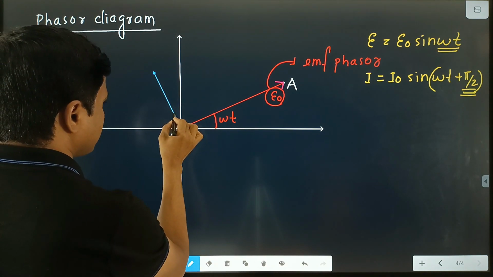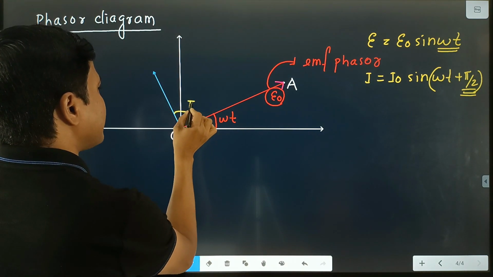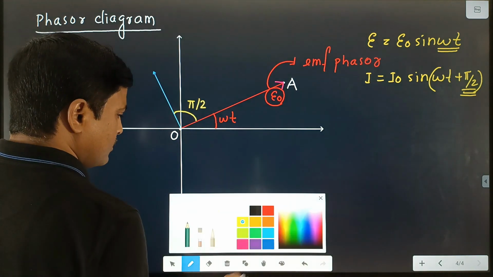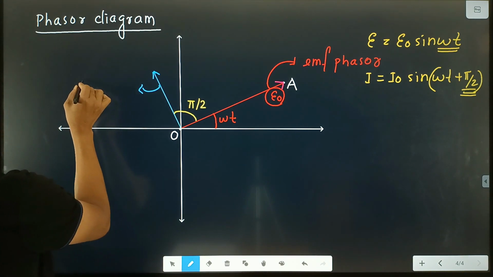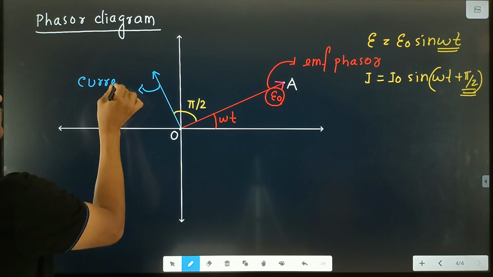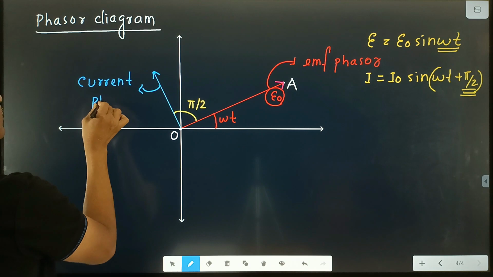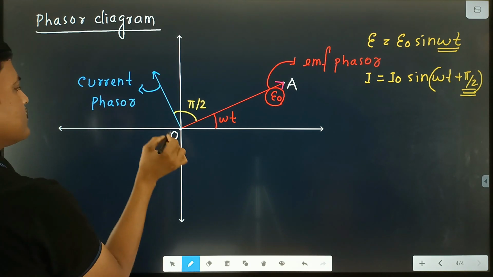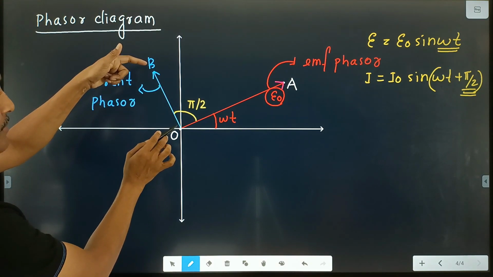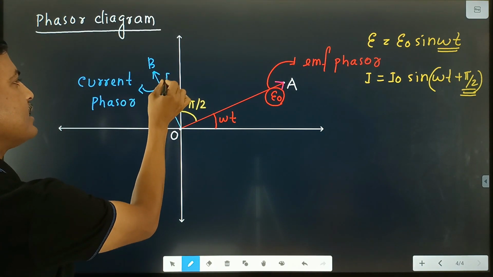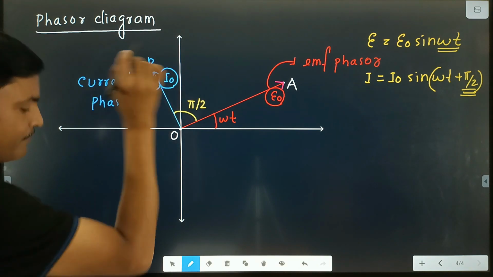This angle is pi by 2, and this phasor is known as the current phasor, that is OB vector, and O to B is the maximum value, and for maximum value we write I0.